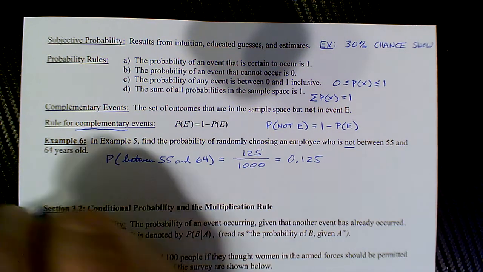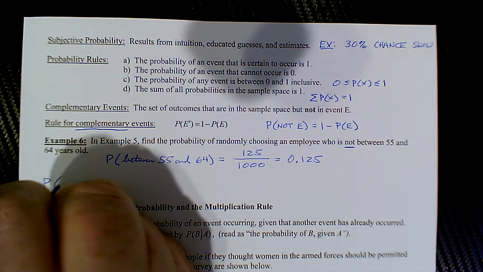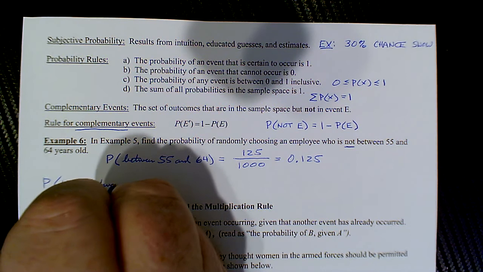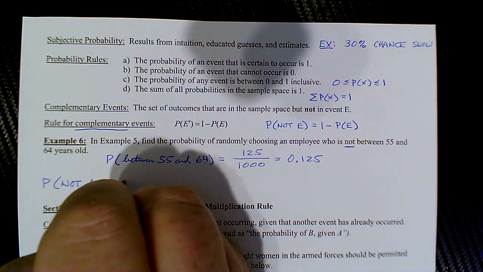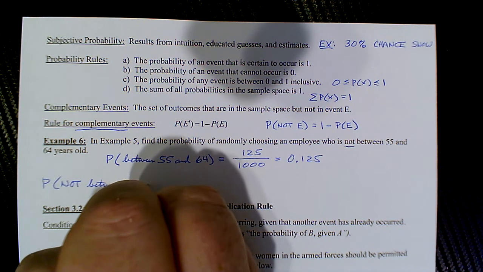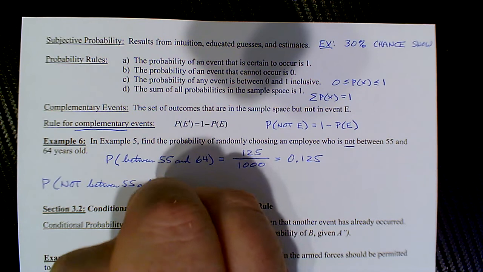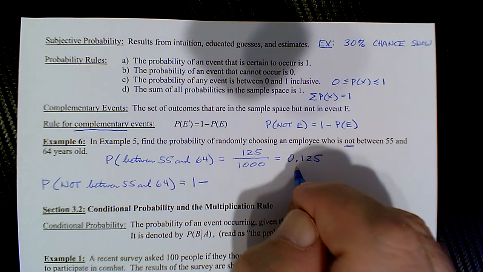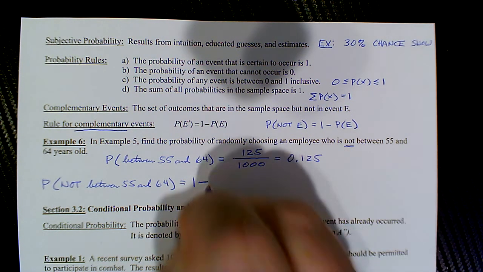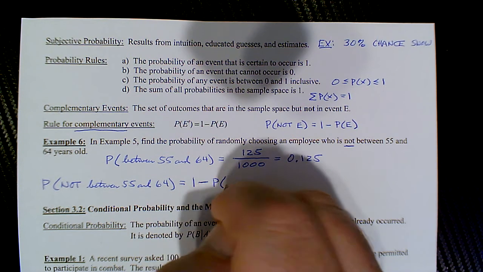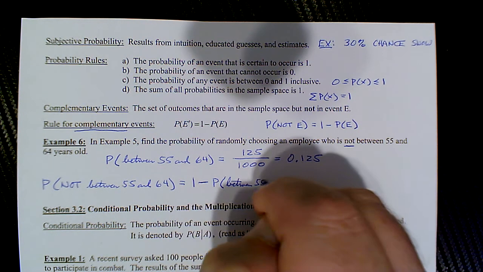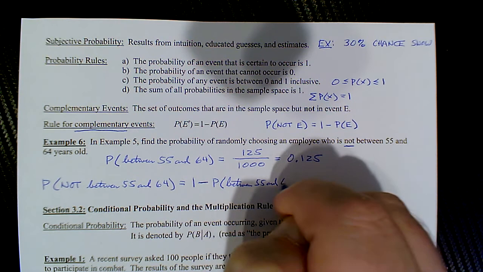So therefore the probability of not being between 55 and 64 is going to be 1 minus the probability that they are between 55 and 64.